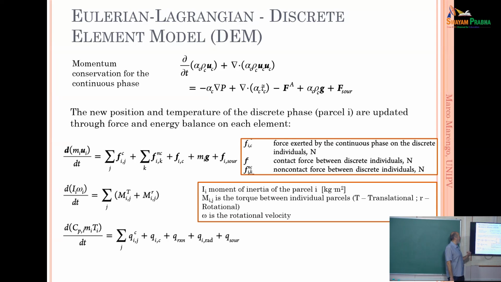Same thing for the angular momentum. If, for example, we have particles that are not spherical, they can move, so we may have an angular momentum, as I said. So the Euler-Lagrangian simulations are very strong in this respect, because we can really have different situations also in terms of rotation, rotational velocity of the particles and so on.